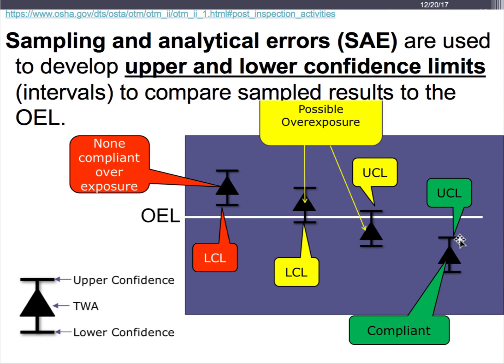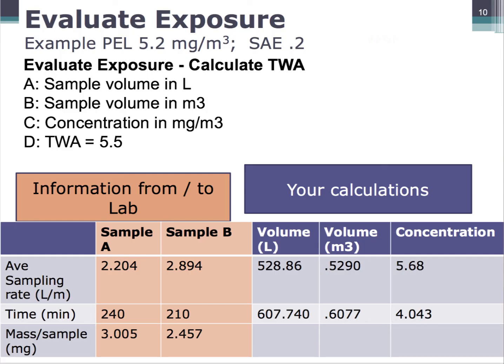Where we're unsure of whether an overexposure exists or not is when our lower confidence limit falls below 1, or below our occupational exposure limit. So in this example, our time-weighted average would have come out above our occupational exposure limit, just like we saw in our example that we did together.